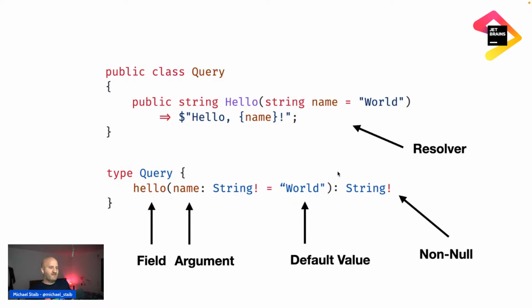And this guy here, you see the bang operator, that is the non-null marker in GraphQL. So it's reversed. In C#, when we just say string, it's non-nullable, and in GraphQL, just string would be nullable. Whereas in C#, a question mark on the type makes it a nullable type, in GraphQL an exclamation mark on the type makes it non-nullable.